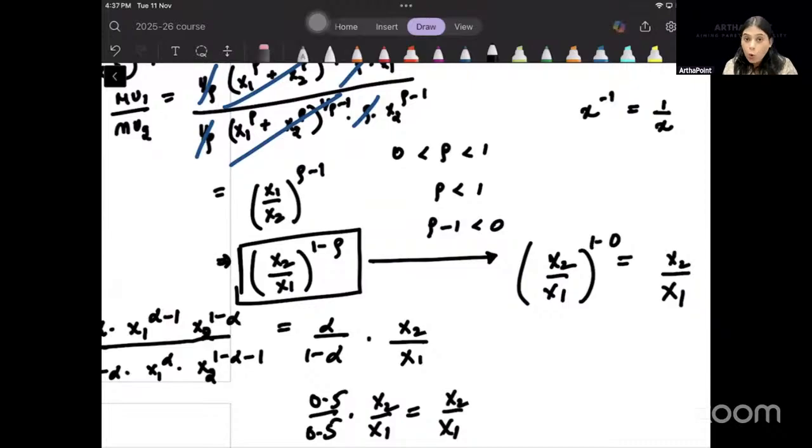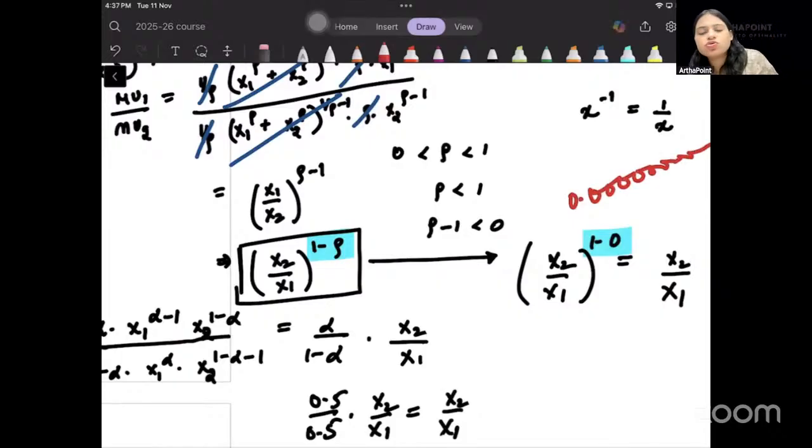I don't know how you are applying the limit and what you are doing. But when I plug rho as 0, although it is approaching 0, I understand that. It can be something very, very close to 0, like 0.00000000001. No problem.